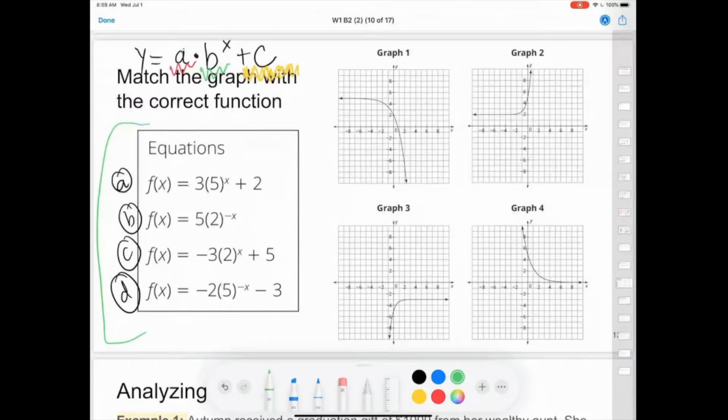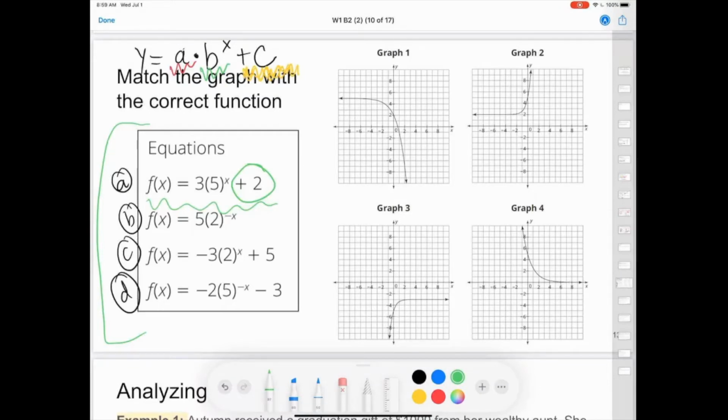So for the first one here, for my horizontal asymptote, just look at the end and see what's being added or subtracted. For this one, it's 2. Now, if I'm looking at all my graphs, I can easily tell what graph this goes to by looking for my horizontal asymptote.